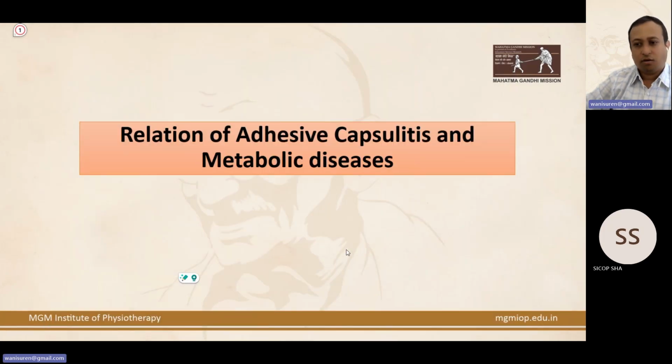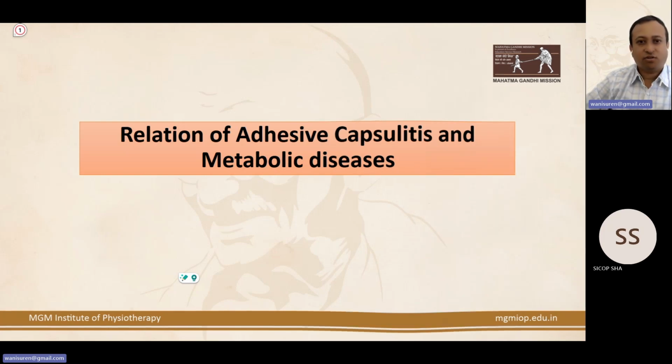Now coming to the main topic for today, which is the relationship of adhesive capsulitis with various metabolic diseases. We are going to correlate adhesive capsulitis with some specific diseases like diabetes, thyroid diseases, and age-related metabolic diseases.